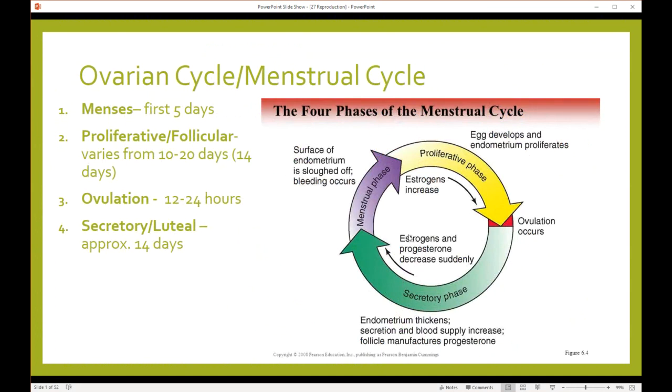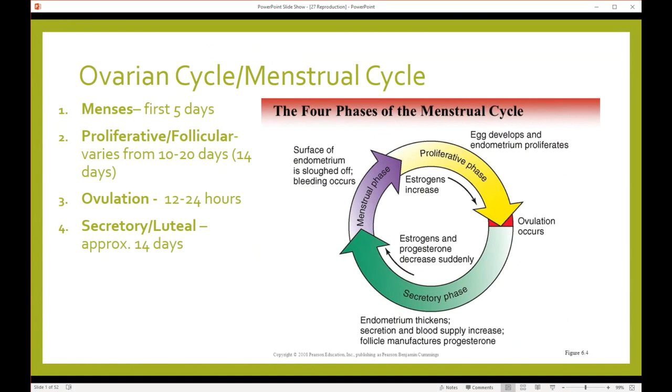So this is our ovarian cycle, our menstrual cycle, sort of showing you the phases of it, okay? So we have the menstrual phase. This is usually day 1 right here. Menses, or that menstrual phase, is the first 5 days, okay? Then we get to our proliferative phase. The proliferative phase is when our egg develops and the endometrium is going to proliferate, or grow larger, right?